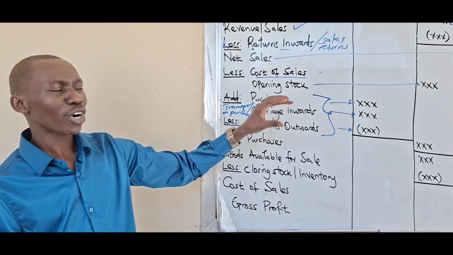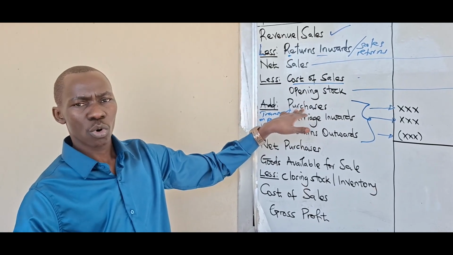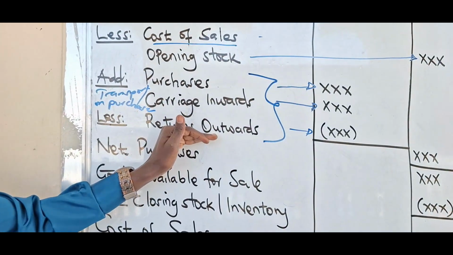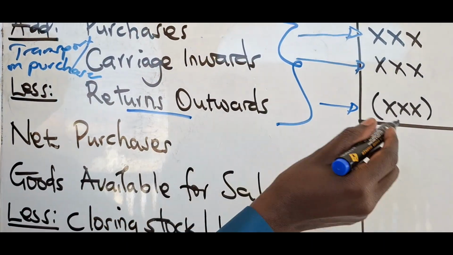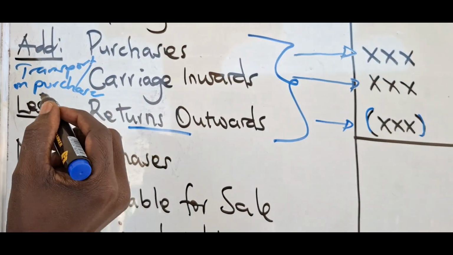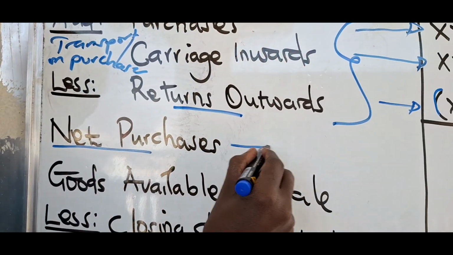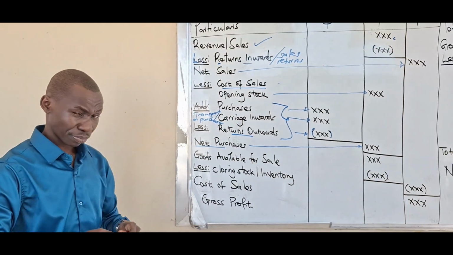You cannot continue counting your purchases as maybe 100,000. We have to subtract the returns you made. So the moment you return some goods back to the supplier, you have to come here and subtract it so that you can determine what we call net purchases.